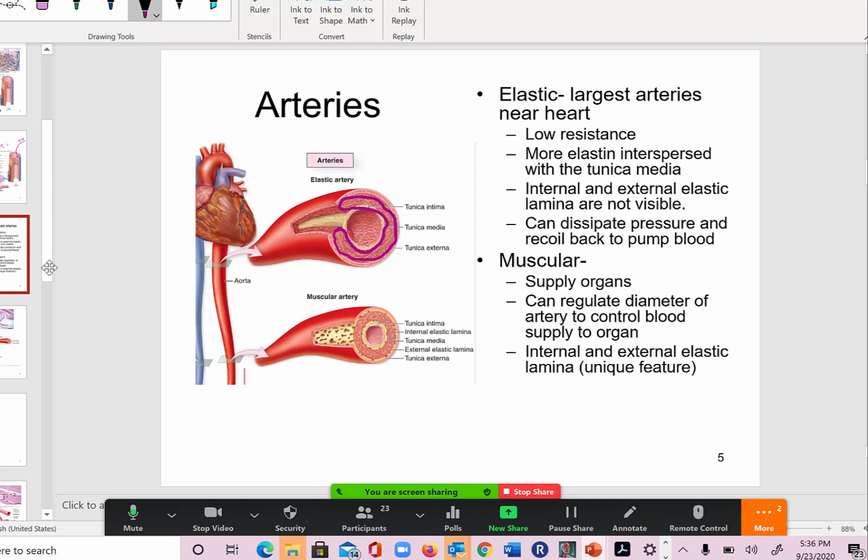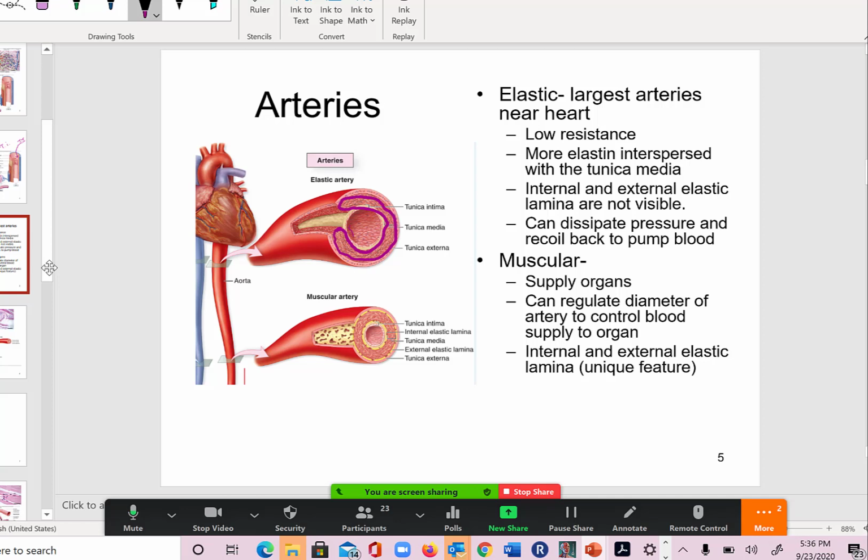These elastic arteries closest to your heart receive the entire stroke volume coming out of the ventricles, which is about 70 milliliters. So they must be able to stretch. Of course, stretching is important to accommodate all of that 70 milliliters, but they also need the ability to recoil.